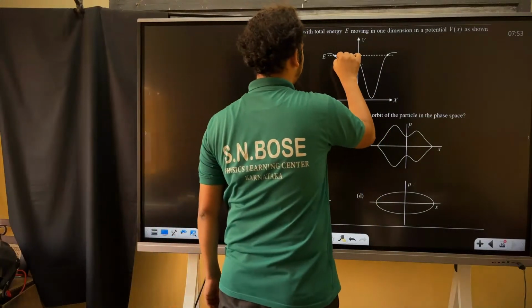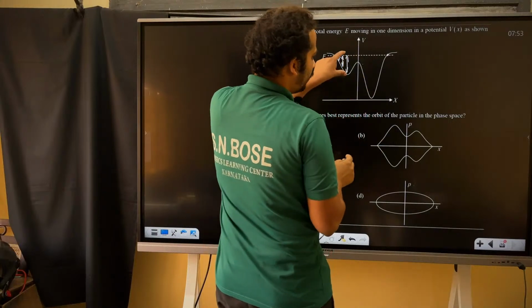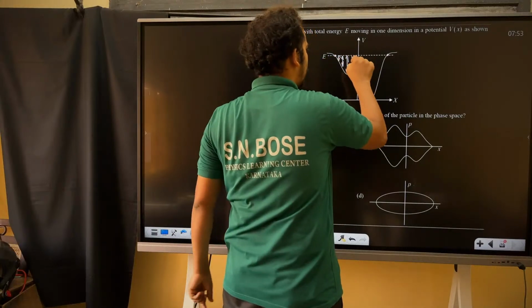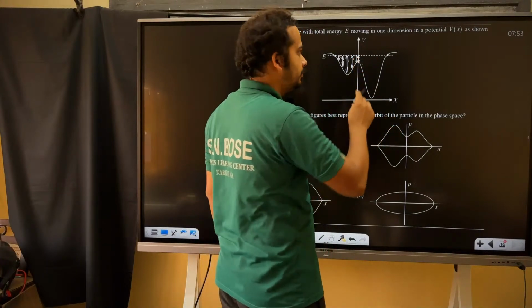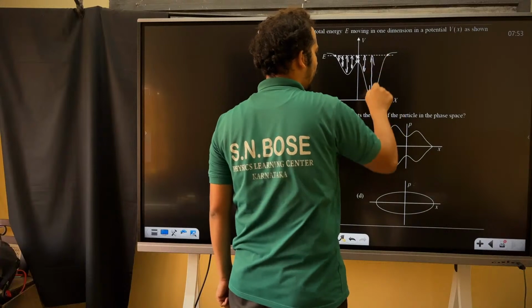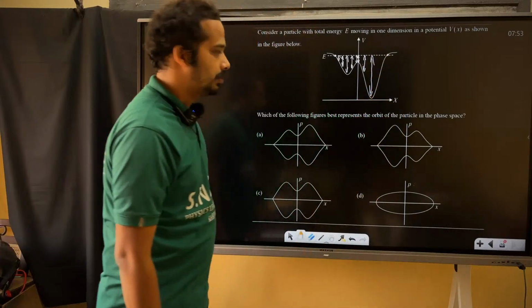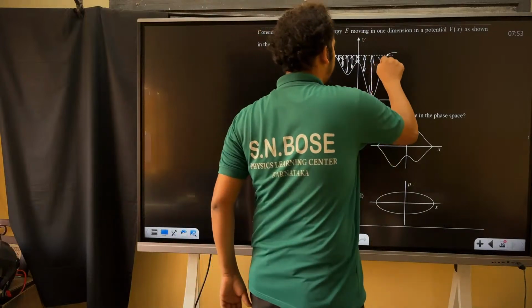Here kinetic energy keeps on increasing to some high value. Again, kinetic energy keeps on decreasing to some lowest value, then keeps on increasing to a very high value here. That means the corresponding momentum is highest here, isn't it? Again it keeps on decreasing.